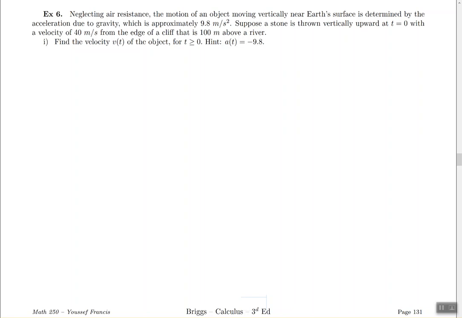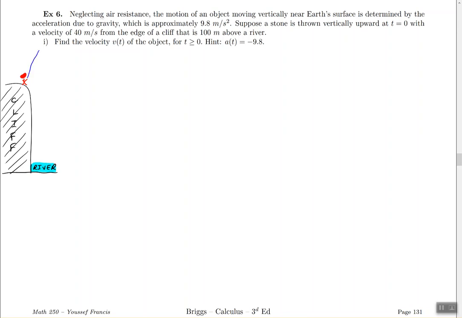So let's make a graph. You're standing on top of the cliff, and you throw a stone vertically up. It's going to come up, and then it's going to come back down. When you throw it up, it has an initial speed, and the speed at the beginning when you launch it is 40 meters per second. We don't know if that's realistic or not, but who cares?